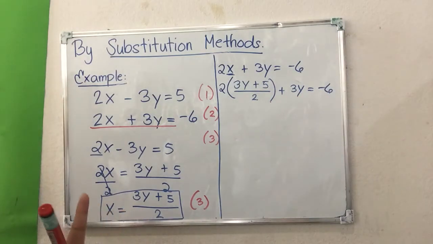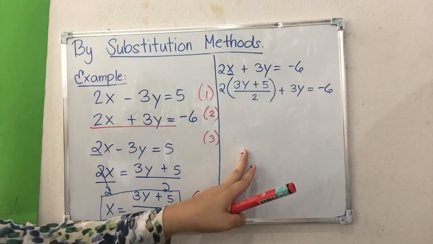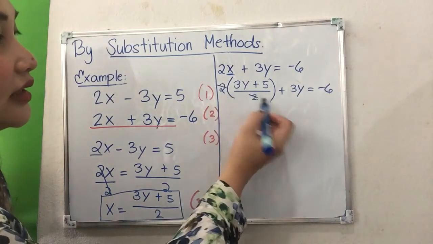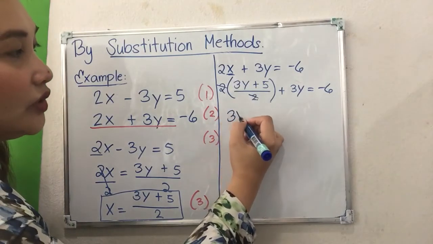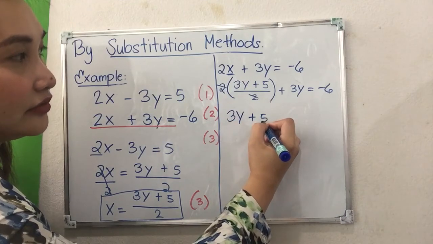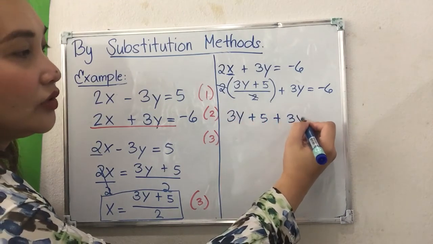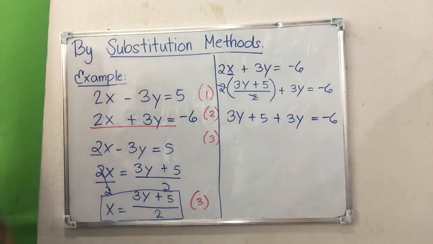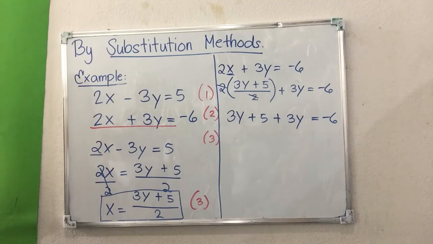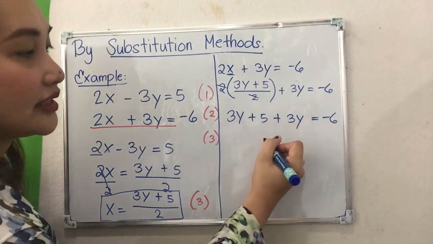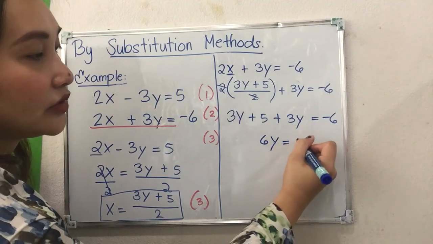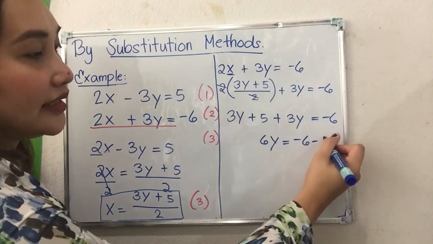Continue with that. We have 3y plus 5 plus 3y is equal to negative 6. Let's continue. We have 3y plus 3y, that is 6y, is equal to negative 6 minus 5.